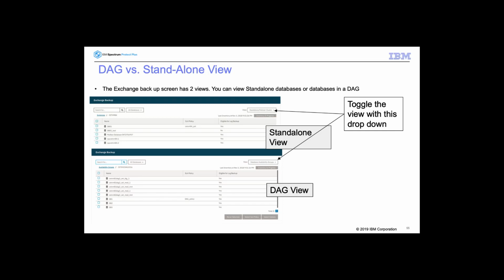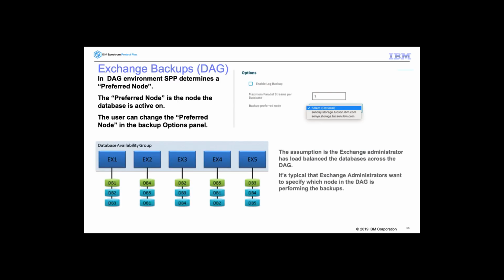There is a standalone view where you can see the standalone databases, and also this DAG view, or Database Availability Group view, where you can see the DAGs in Microsoft Exchange. And this is the screen where you will go in and apply the SLAs and set the various options for backup.